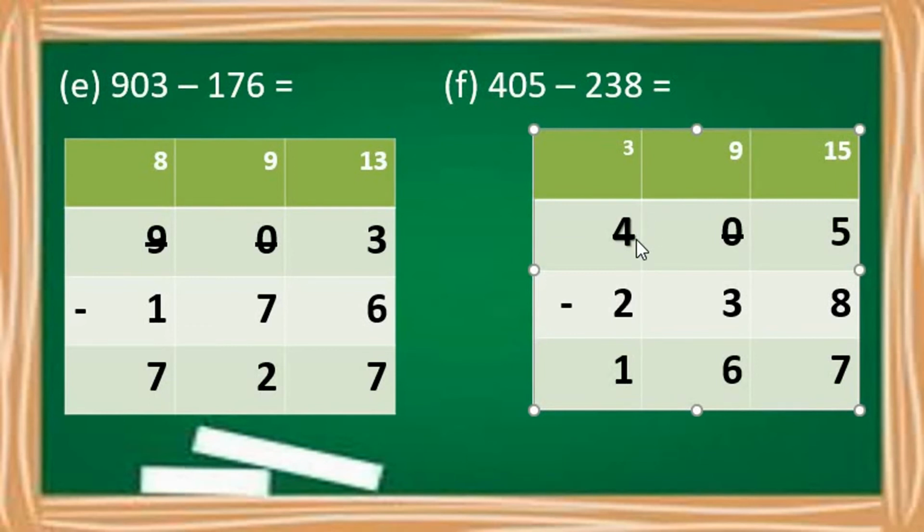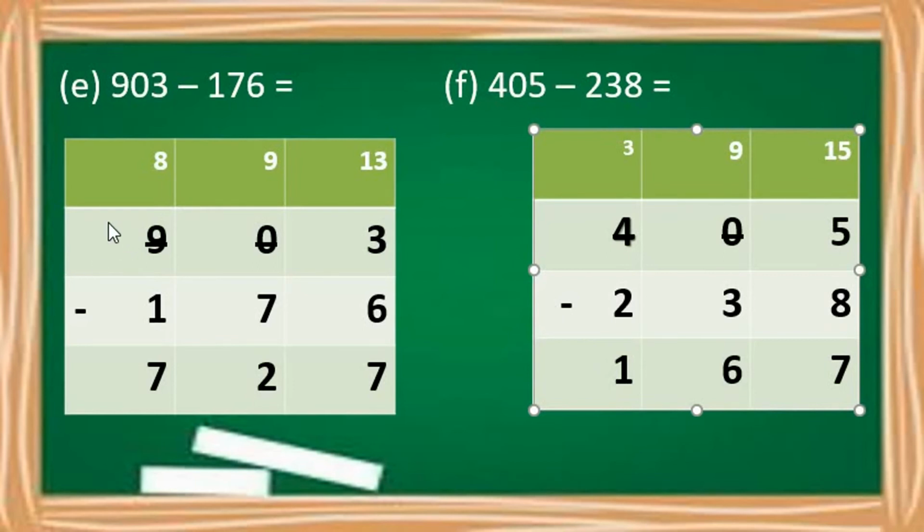So I am cutting the 4 here and putting the smaller digit 3. 3 minus 2. So how many, all students? 1. Understood? Got my point, all students?